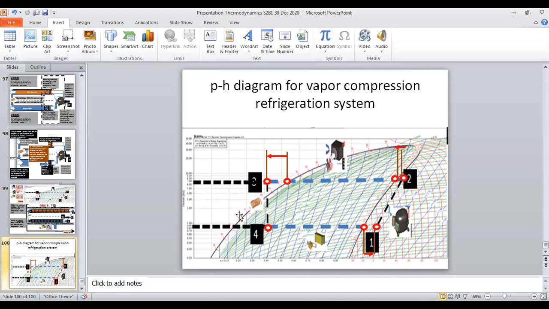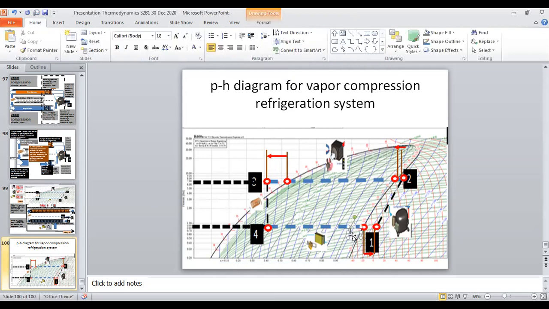So here I will add some names. Additional points. I put 1 dash.